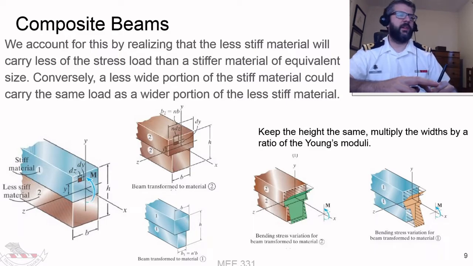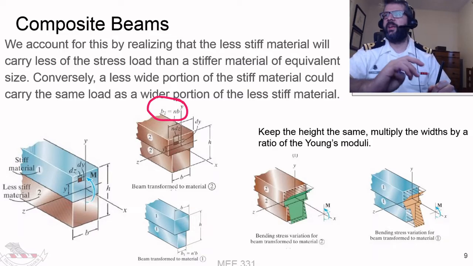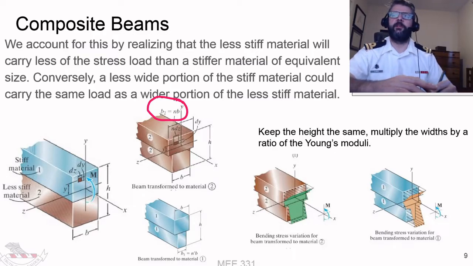So we have this relationship here: b2 is equal to n b. Here b is the original width of the material being transformed, and n is the ratio of the Young's moduli.